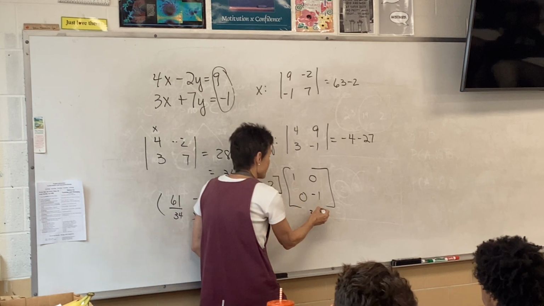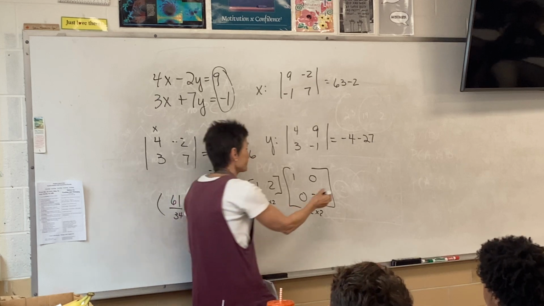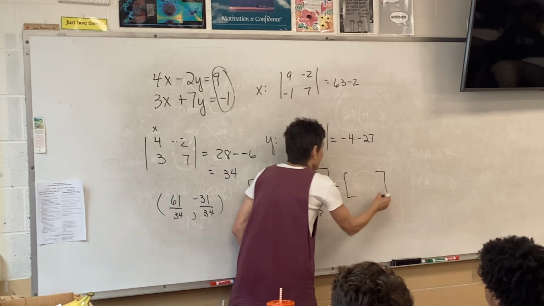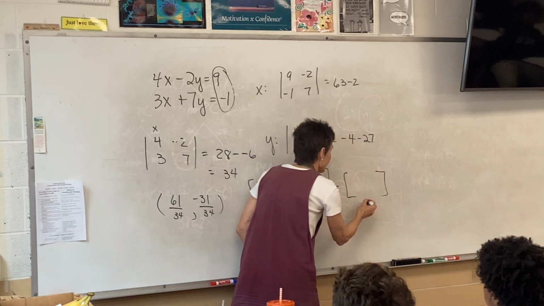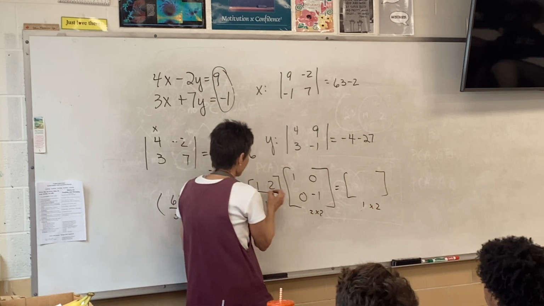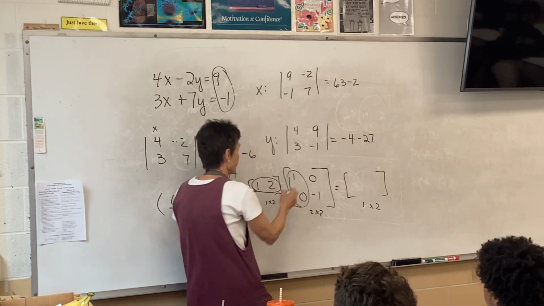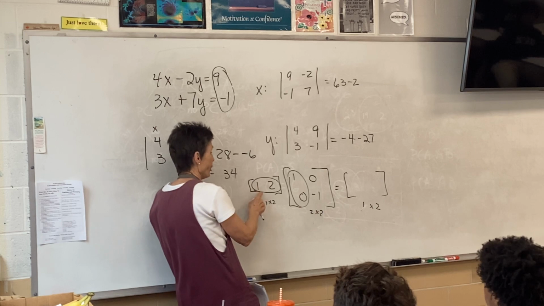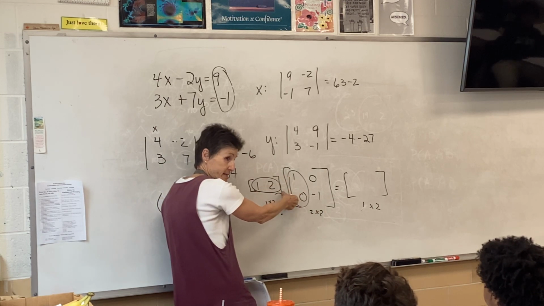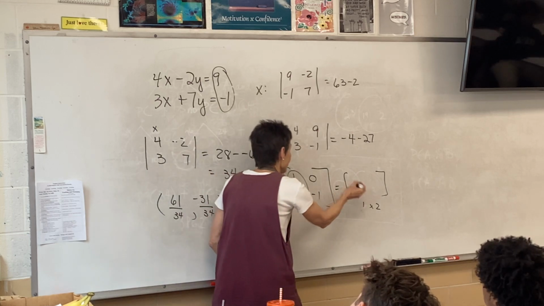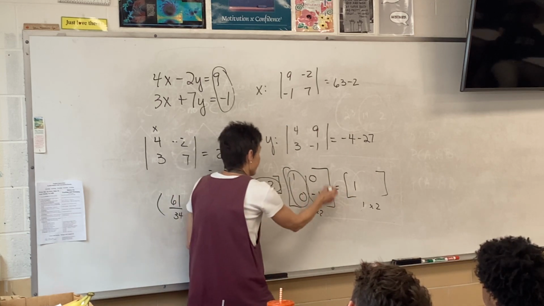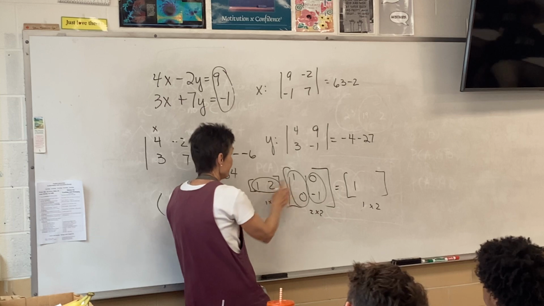This is a 2 by 2, so I can multiply, and I'll come up with another 1 by 2. Let's see what I get. So I'm taking this row times this column. What does that equal? Row times column. 1 plus 0, which is 1. And then row times this column.